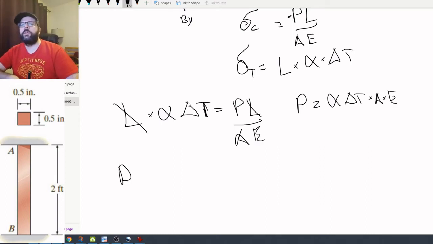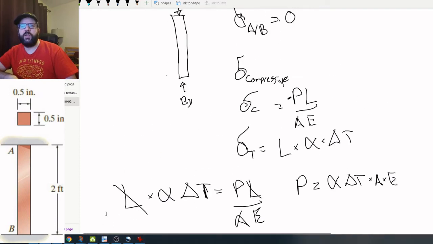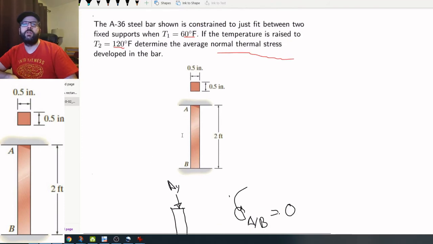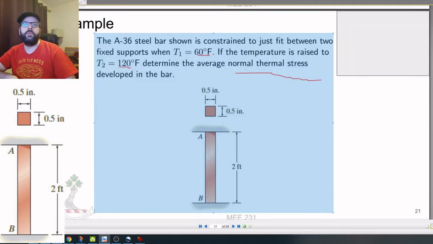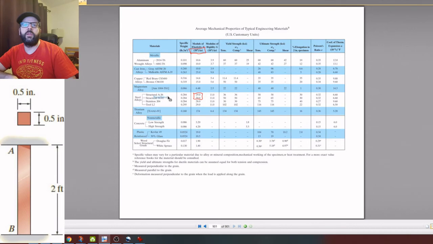So our internal load is going to be equal to the coefficient of thermal expansion, which we need to look up on our table. So we've got a couple things we need to look up on the table, so let's do all that at once. We're working with the A36.